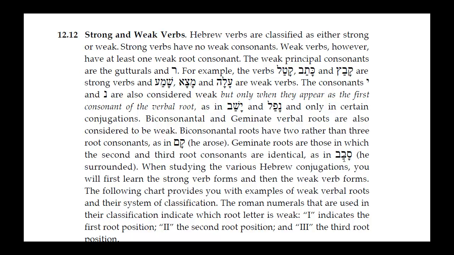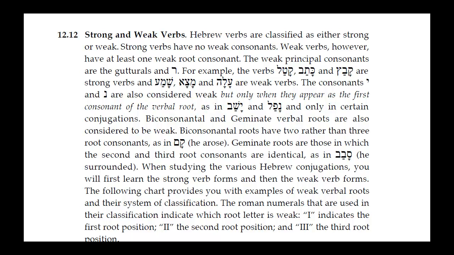We've had that in the nouns, as we said earlier. When studying the various Hebrew conjugations, you will first learn the strong verbs, and then we're going to go into the weak verb forms afterwards. So we'll learn the strong form, and then we'll go into the weak verbs in their system of classification.